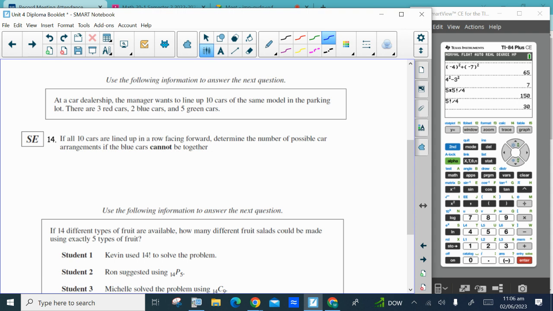So when we did these in class, we looked at 2 different ways that this can be done. Okay? So you might remember this. The first way was taking the other 8 cars and putting spaces down for the other 8 cars. And then we use different spaces, and these different spaces represent positions where the blue cars could be placed.